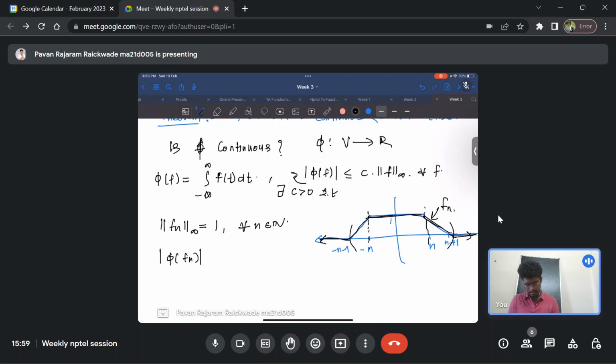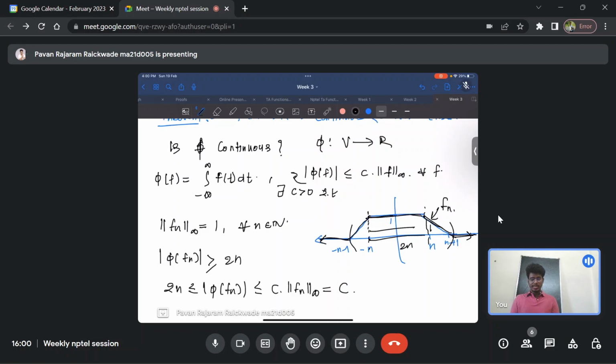This will be greater than or equal to the small area, which is 2n, since the width is 2n and the height is 1. So 2n is less than or equal to modulus of phi fn, which is less than or equal to c times norm fn infinity, which is 1.